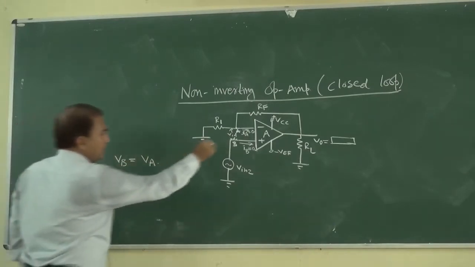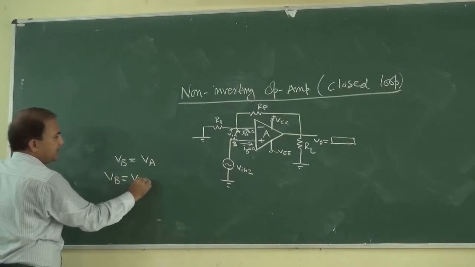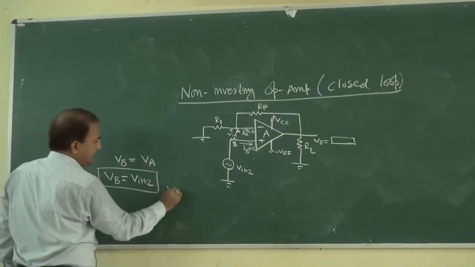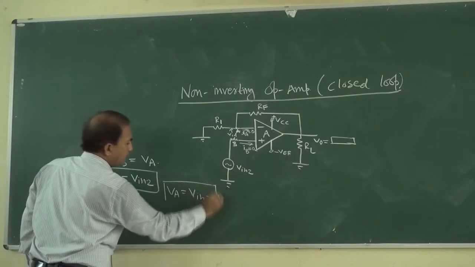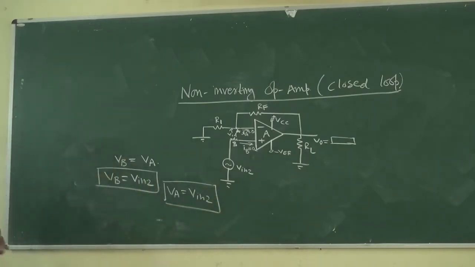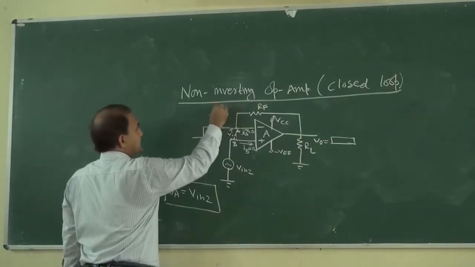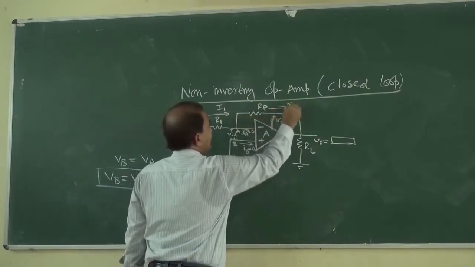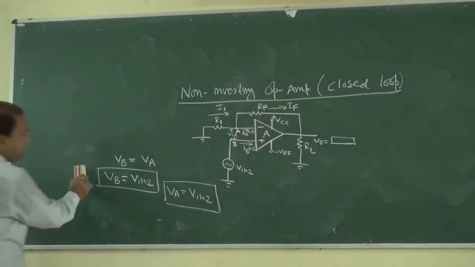Okay. Now VB is equal to V in 2. So VA will be equal to V in 2. Okay. So how can we express V out? Suppose this is I1 and this current is IF.